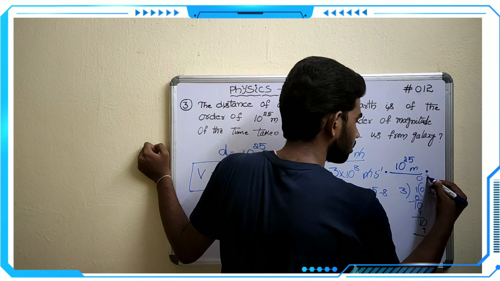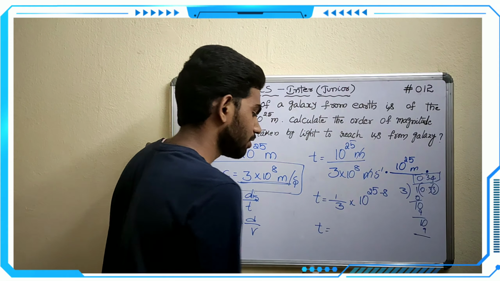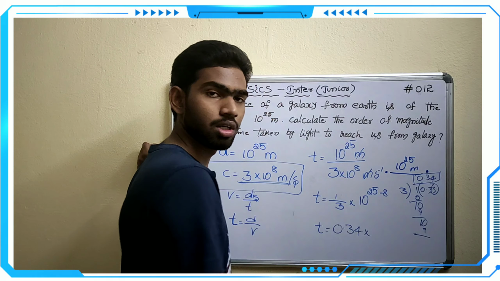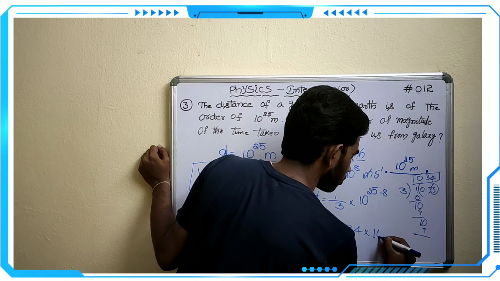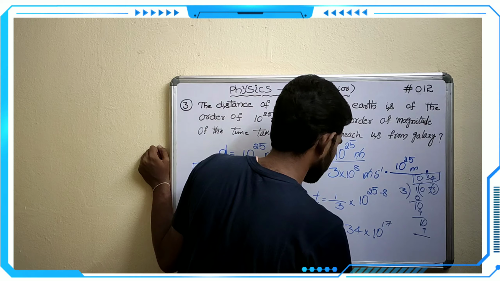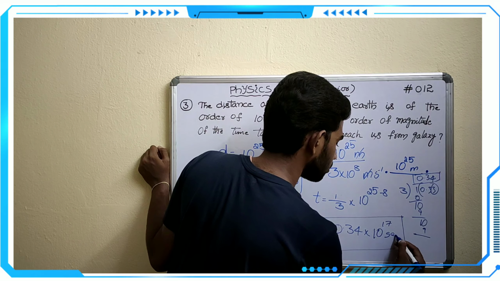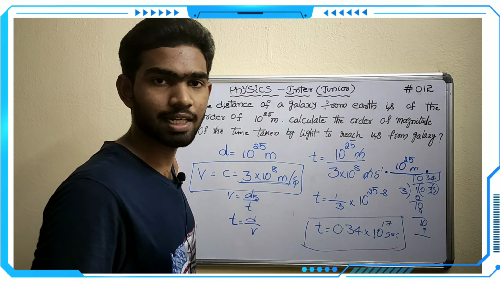So the value is 0.33, or 0.34, and 25 minus 8 gives 10 to the power of 17. Therefore time equals 0.34 into 10 to the power of 17 seconds.